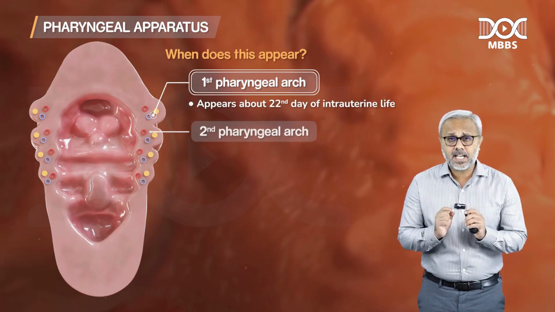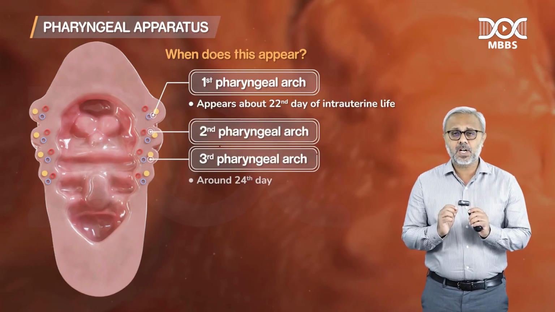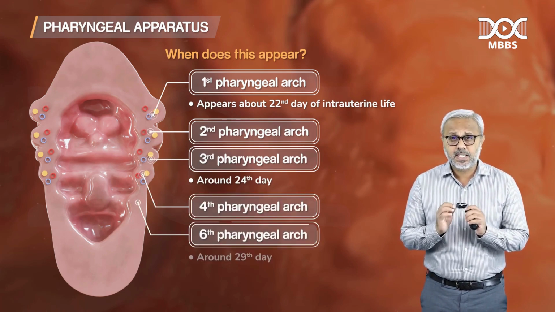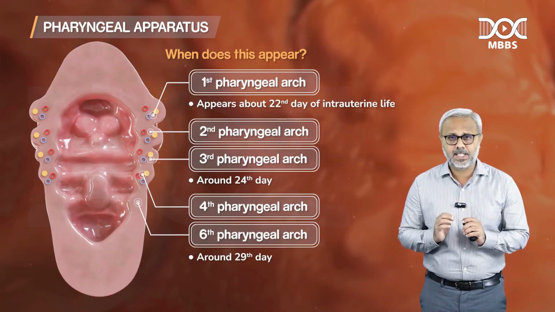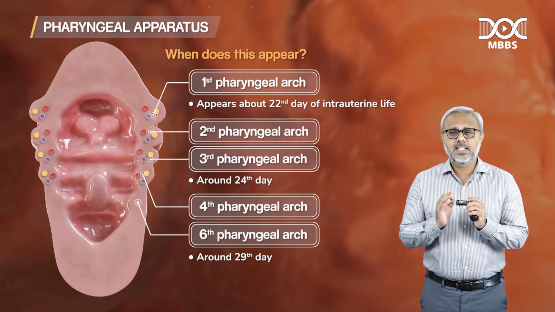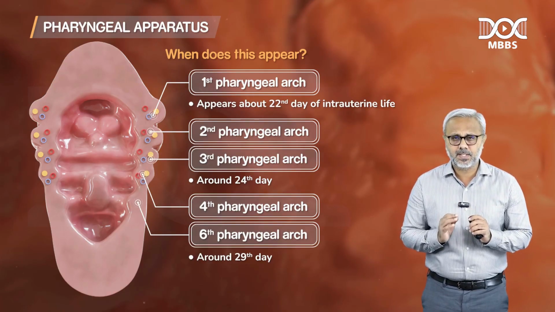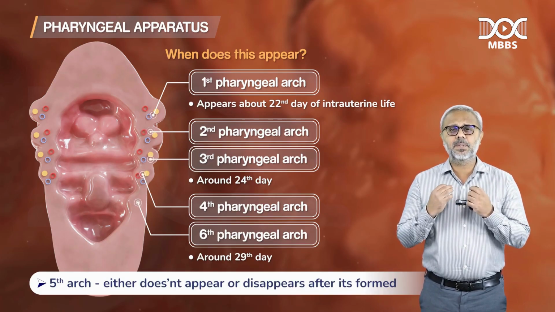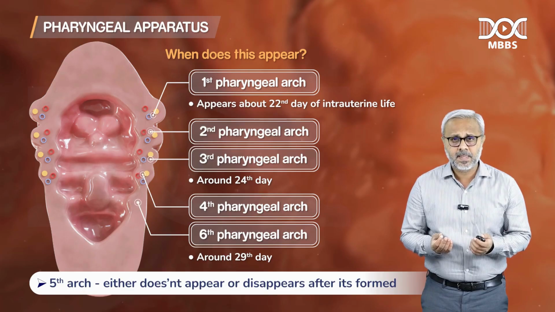Then the second and the third arch develop around the 24th day. The fourth and the sixth arches develop around the 29th day. This is in general about when exactly the pharyngeal arches make their appearance. The fifth arch either doesn't appear or disappears as soon as it's formed, right?